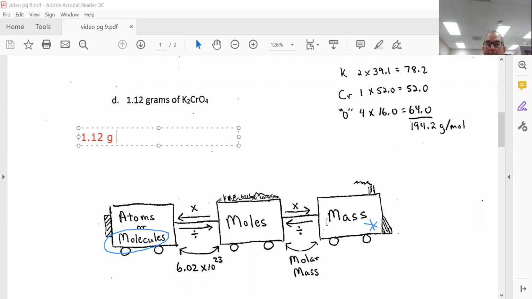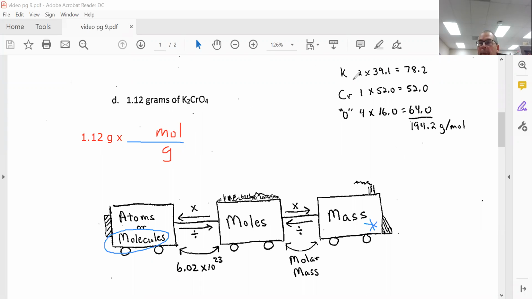If you go from grams to moles, which will be our next step, I'm going to multiply this by a conversion factor, so I'm going to draw a little line here. I'm going to put grams on the bottom because that's where we're coming from, and I'm going to put moles on the top.